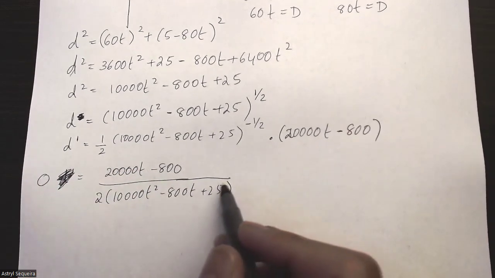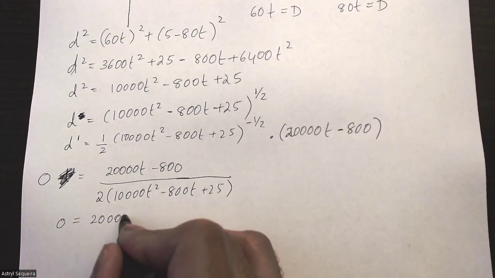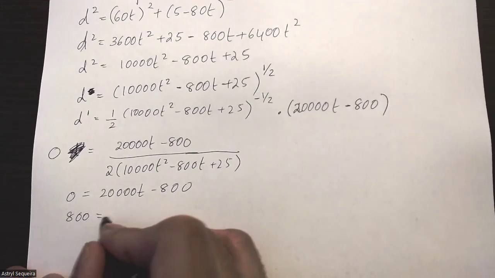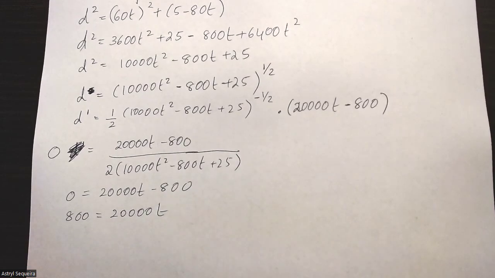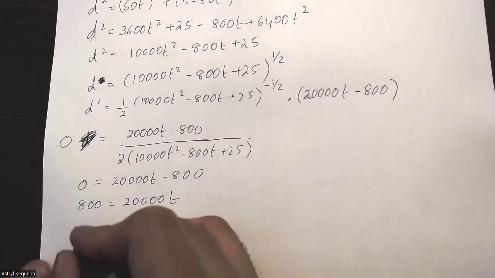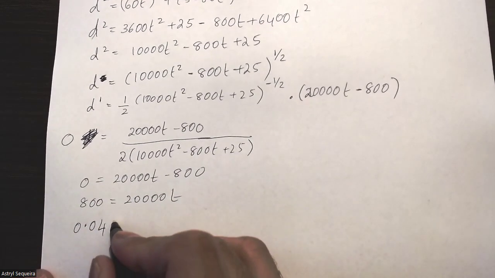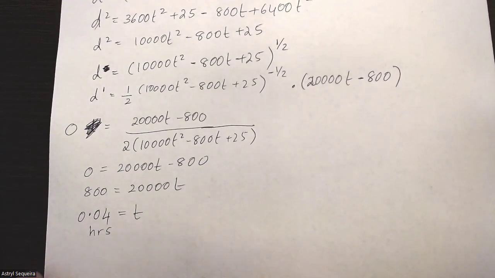So now I'll cross multiply over and the entire bottom will disappear. So I just have to solve for the top. Then I'll divide by 20,000. And I get 0.04. So this is 0.04 hours basically after.